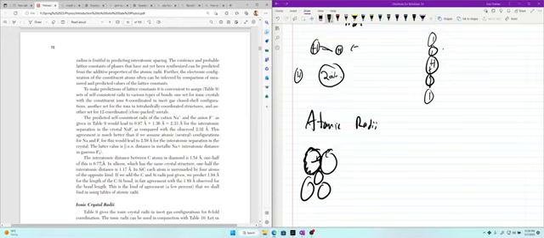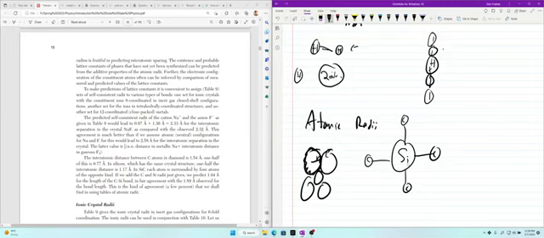In silicon carbide, each atom is surrounded by 4 atoms of the opposite kind. So I have a silicon here, and then I get 1 carbon, 1 carbon, 1 carbon, 1 carbon, and then each carbon is connected to 4 silicons, et cetera. It's a 3D structure, so it's a bit more complicated.